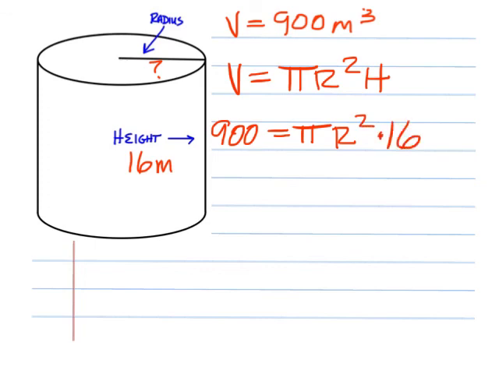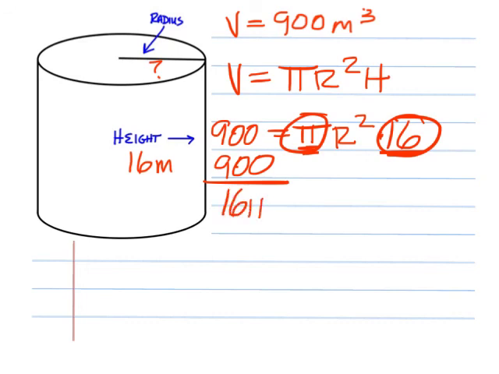The h we do know, it is 16. Now there's nothing left to simplify in here, you just simply need to start dividing. So it would be 900 divided by the items that are with r squared, pi and 16. We need to get rid of these, put them on the other side, divide 900 by 16 pi.